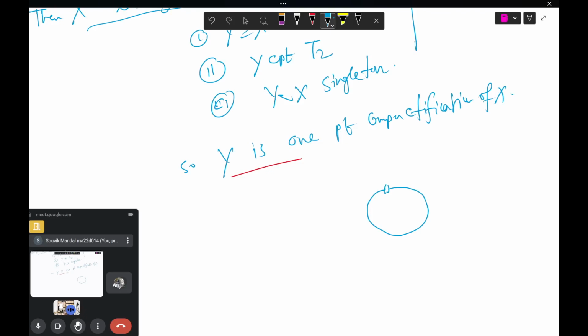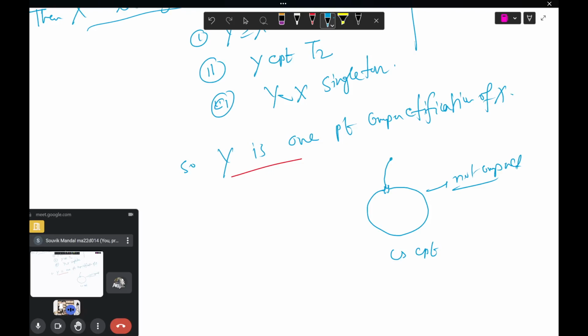So obviously this is not compact, right? By one-point compactification, we mean we add one point and put it here, so that after adding it the new space will be compact. This is the main idea of one-point compactification.